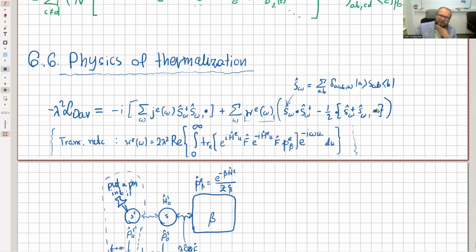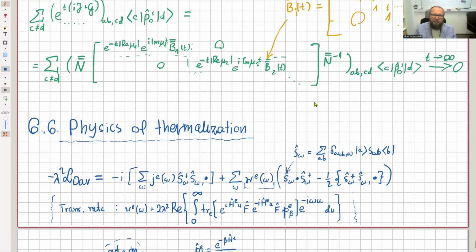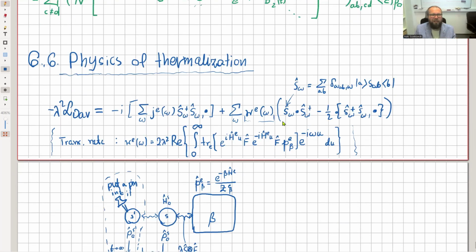Because when we did a lot of math, we investigated how the generator decomposes, how it works, and so on. Of course, those matrix elements of the coupling came into play. For example, they contribute quite directly to the magnitude of the eigenvalues of our generator, which in turn control how fast the whole process is going.